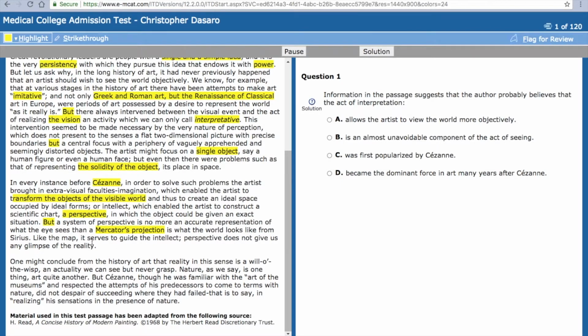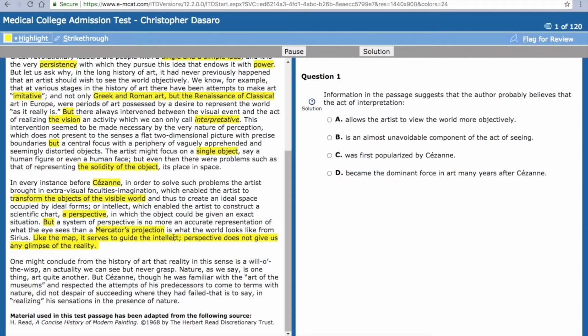Like the map, okay, this might have helped. Like the map, it serves to guide the intellect. Perspective does not give any glimpse of reality. Okay, so that explained it way better. The map serves to guide the intellect. So, a map is not truly what the world looks like per se, because you can't depict the world in its exact construction on a 2D surface, especially a flat piece of paper.